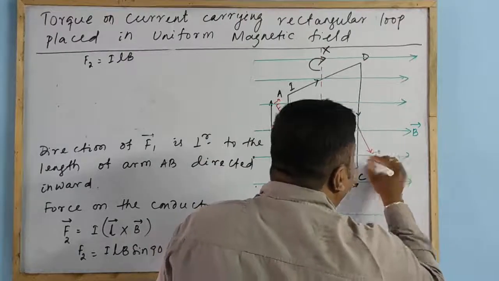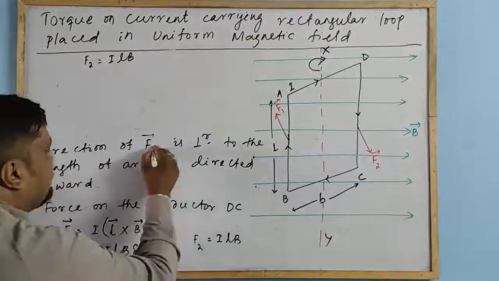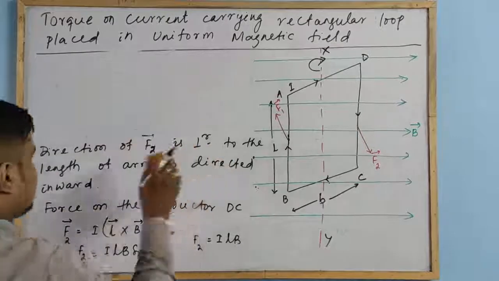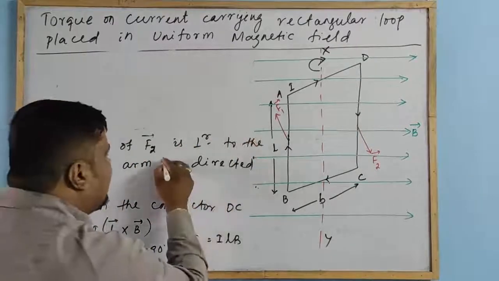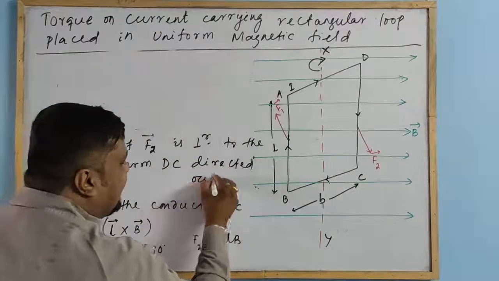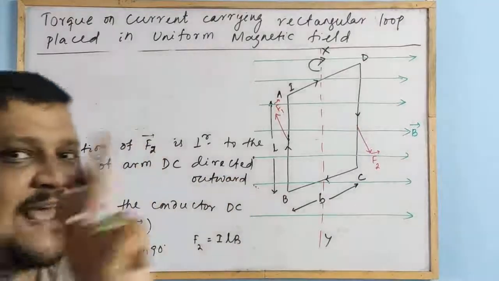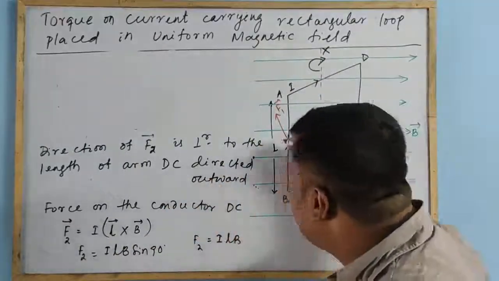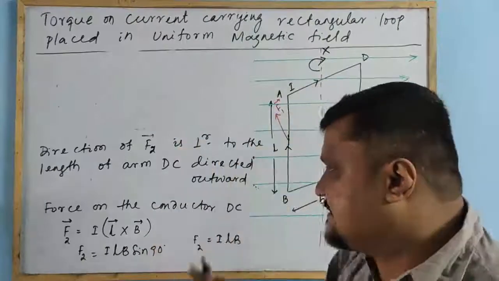This is F2. So the direction of F2 is perpendicular to the length of arm CB or DC, directed outward. The magnitude is the same, but one is directed inward, the other is directed outward. Clear? Is that clear? Next.